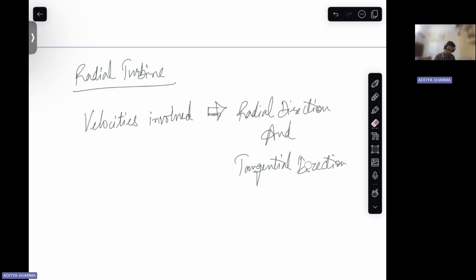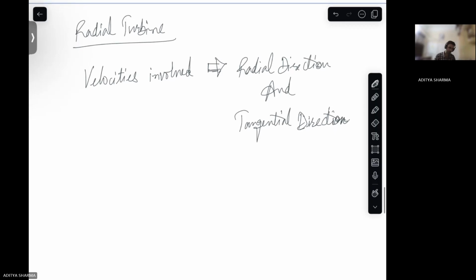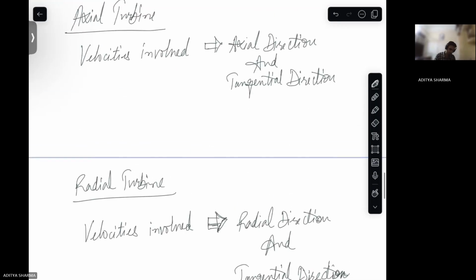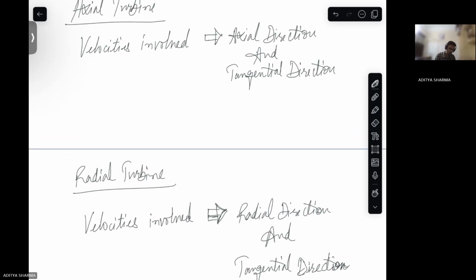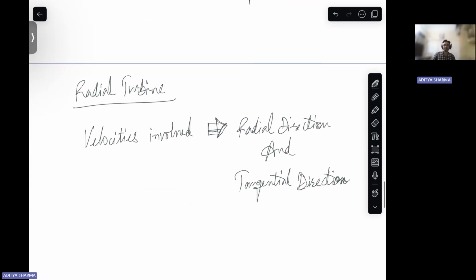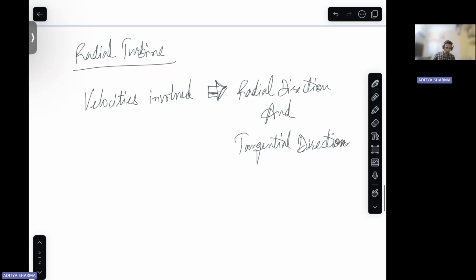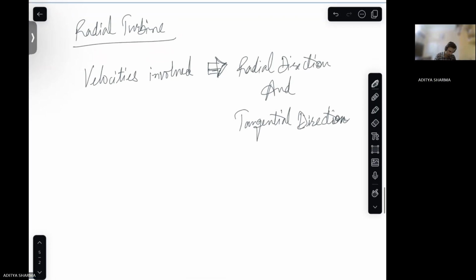Or what we also call work. Then first we'll see your radial turbine.